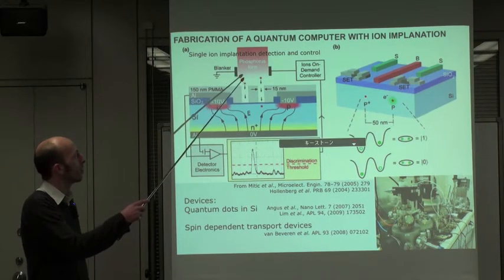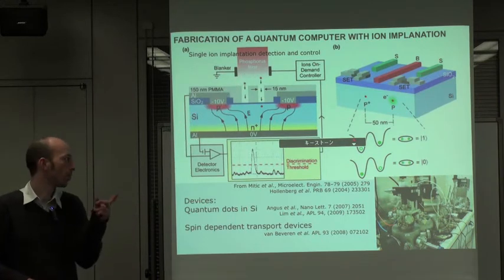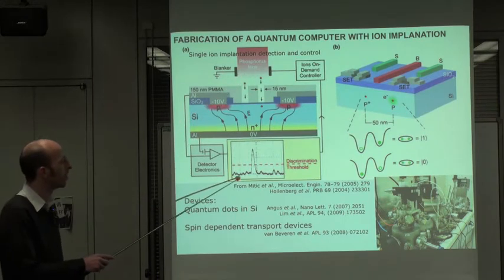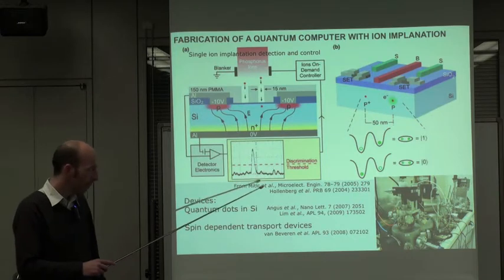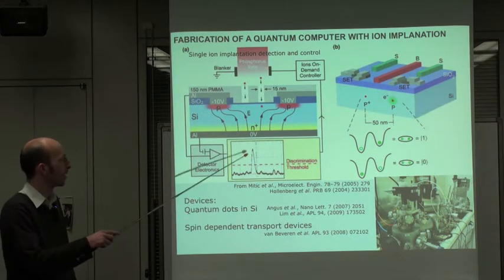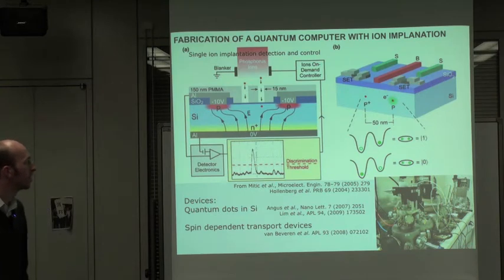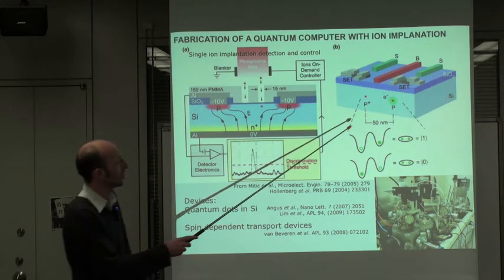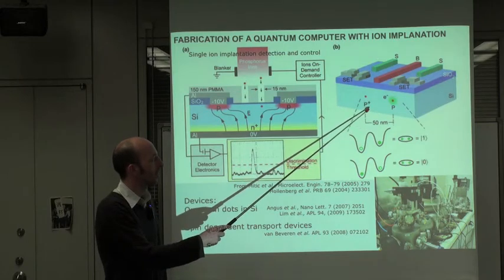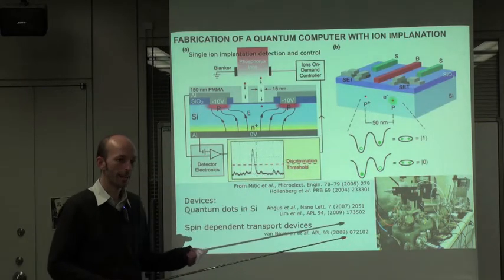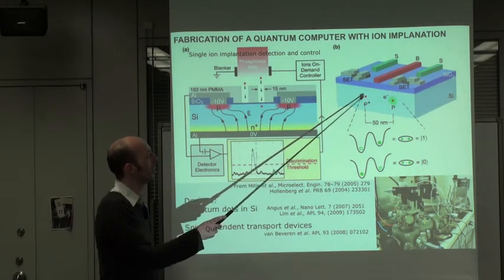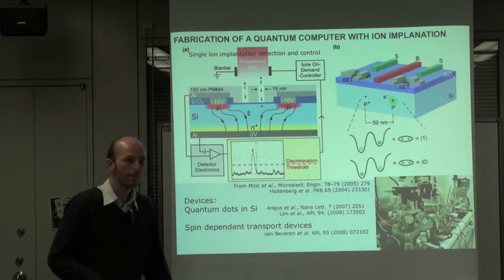When we implant just one phosphorus ion, we will get a signal from the electron hole pairs that are generated during the implantation. Then we know that we've implanted just one ion, and this is moving towards either a Kane quantum computer or this charge-based quantum computer.